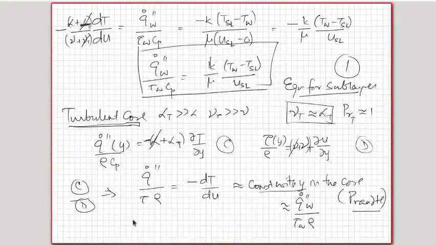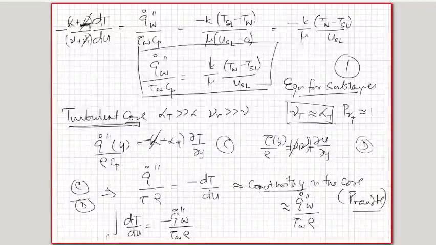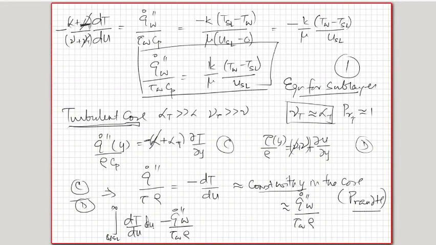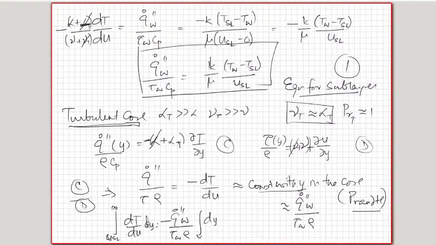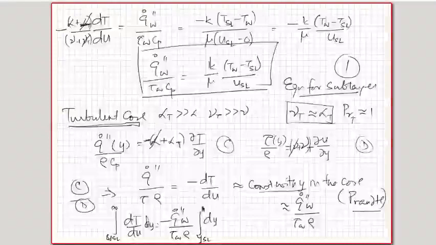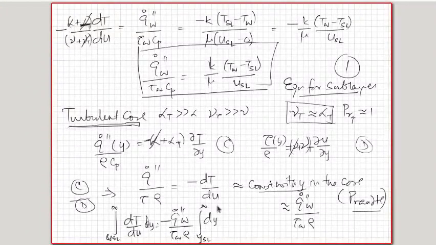So I get dT by du is equal to minus q dot double prime wall divided by tau wall rho, integrated from y SL to infinity dy. All of this becomes a constant, so y SL to infinity. This is the integration that we do.